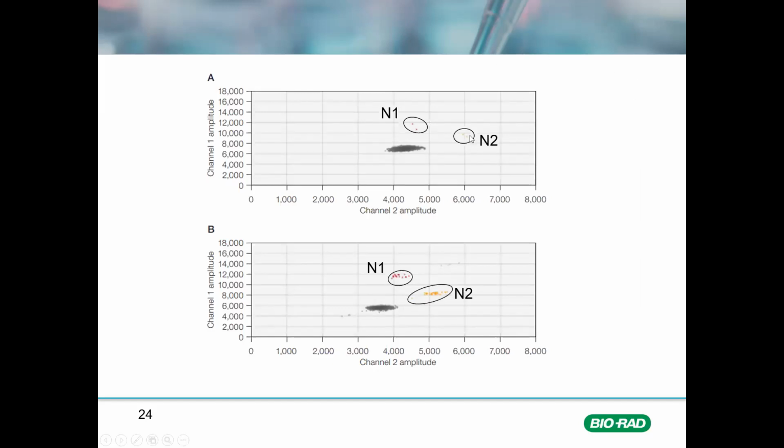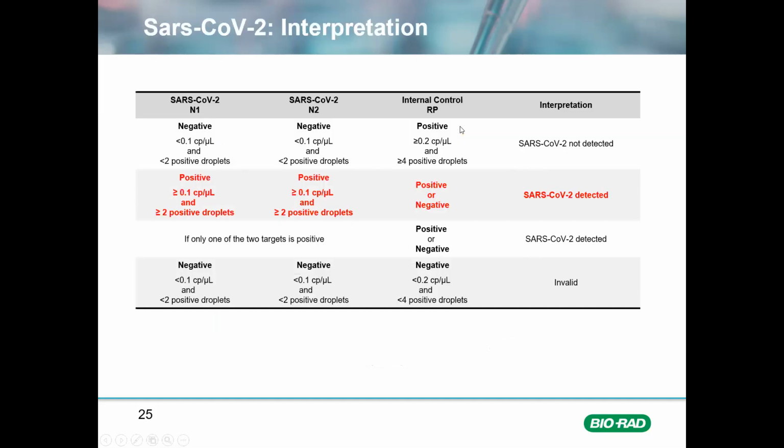So this is a true positive sample. So very high sensitivity with ddPCR for being able to detect this. And there are actually papers out there. We're not going to go over these papers today, but there are papers that have compared qPCR versus ddPCR on nasopharyngeal swabs and have identified that ddPCR results in fewer false negatives than qPCR has. So it's a more sensitive measure.